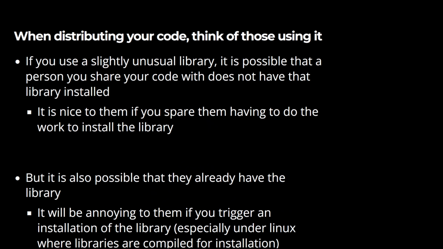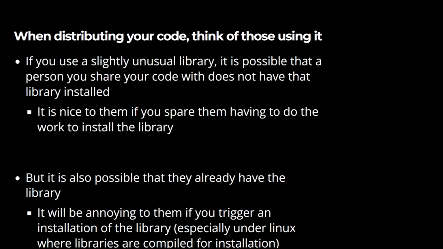So the idea here is that if you are, and you will often be, distributing your code to others, collaborators, profs, whatever, then you need to think about those people.